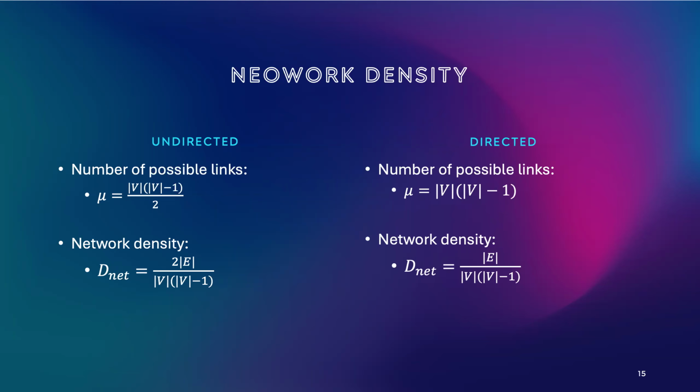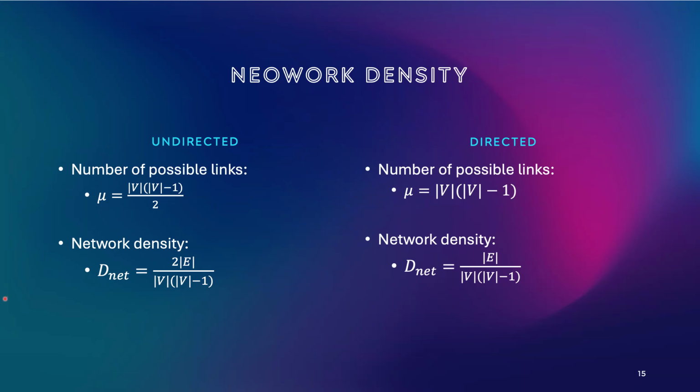This is the ratio of the number of actual links to the possible or potential links of a network. And it's based on these two numbers that you can see in this formula. So this is the number of vertices, the cardinality of the V set, and this is the number of edges, so the cardinality of the E set. So network density is a measure that represents the proportion of actual connections relative to the total possible connections within a network.